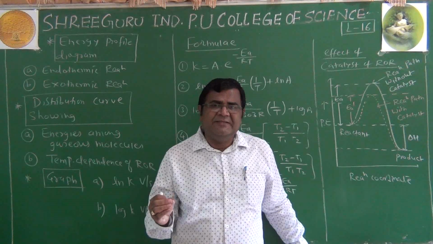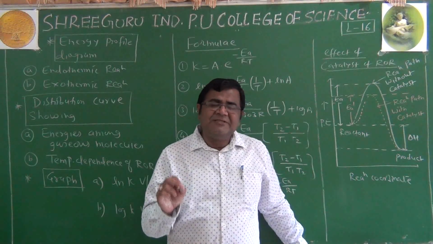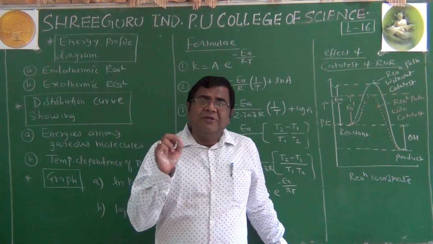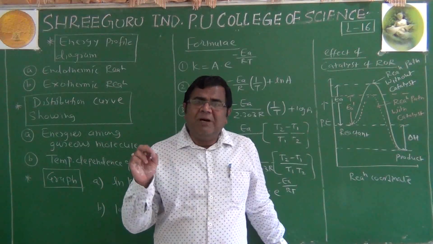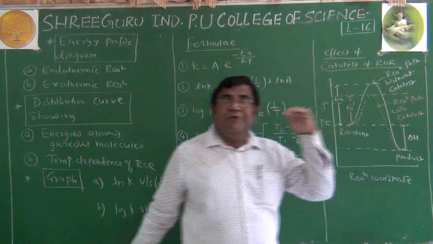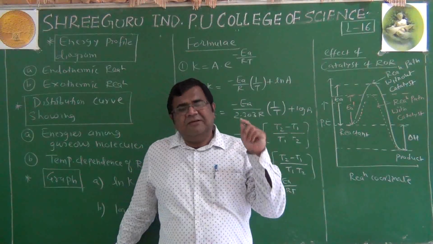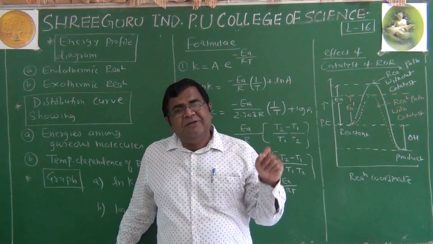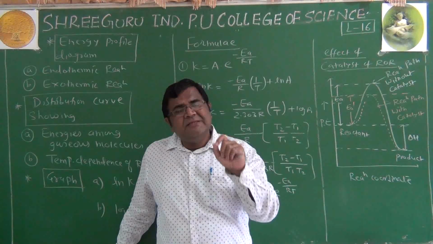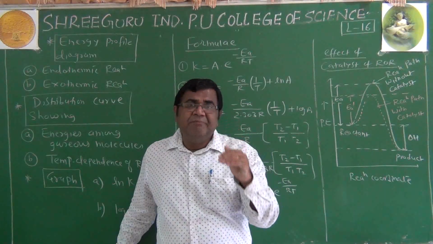and that's why the rate of reaction increases. So in one sentence we should say that it is believed that the catalyst gives the reaction a new pathway. This is a new pathway, a new reaction mechanism, which decreases the activation energy between reactant and product by decreasing the potential energy barrier.